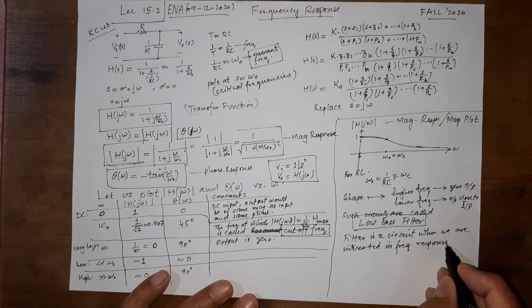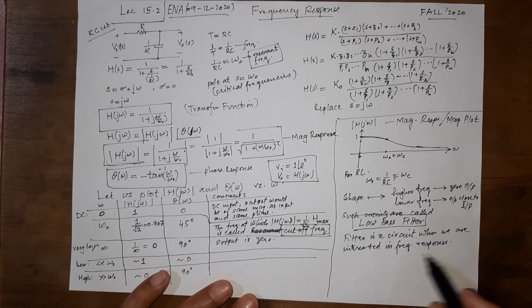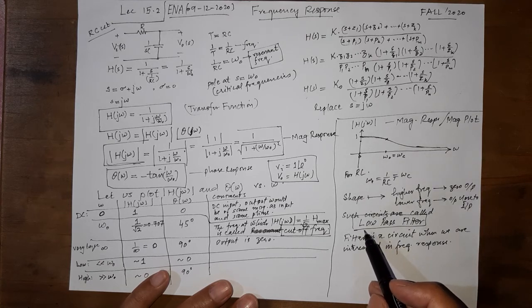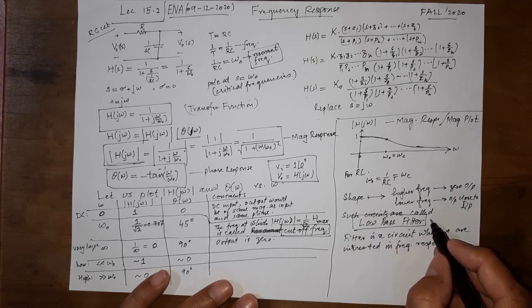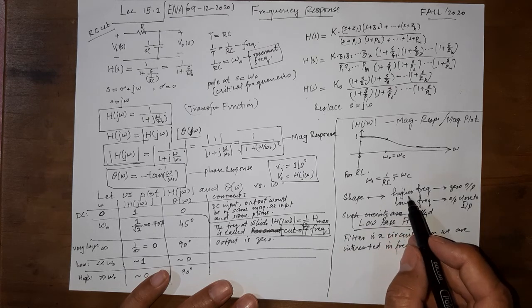So when we are interested in time domain expressions, we don't call the circuit a filter. But when we are dealing with frequency responses, how is the output going to change if the frequency of the input is changed, not the amplitude, not the phase, frequency, then we call the circuit a filter. And by low pass means it passes the low frequencies, as we have written here.